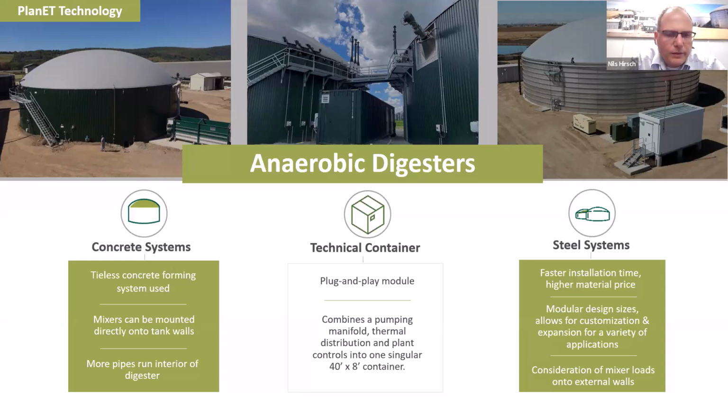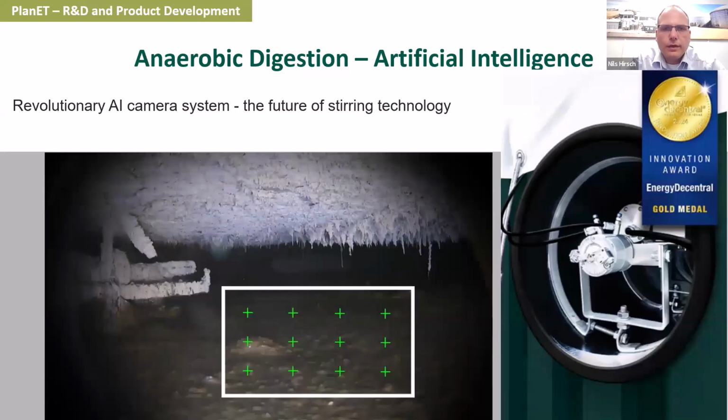So to become a leader and to maintain being a leader, you always have to be a step ahead of the game. And it's very, very important that you have a strong R&D department and strong research going on in the company. This is just one example. Planety is working on an automated steering technology, AI-based.